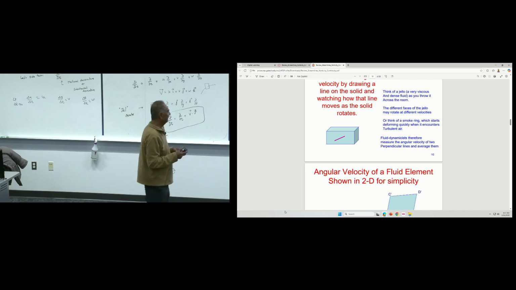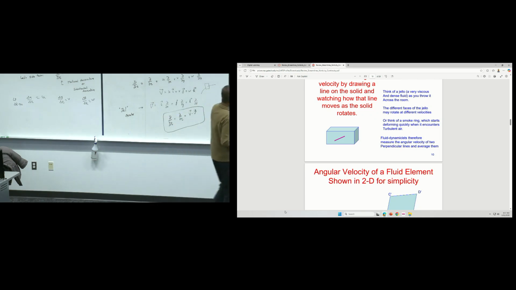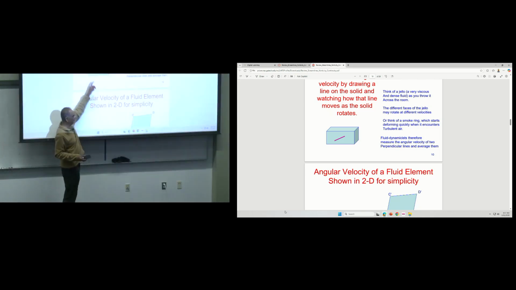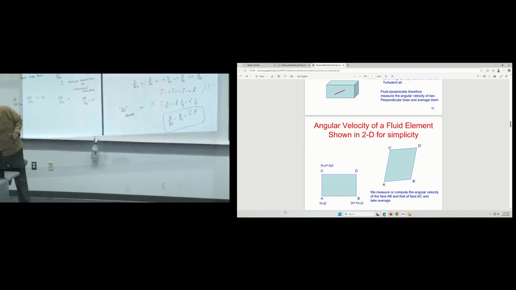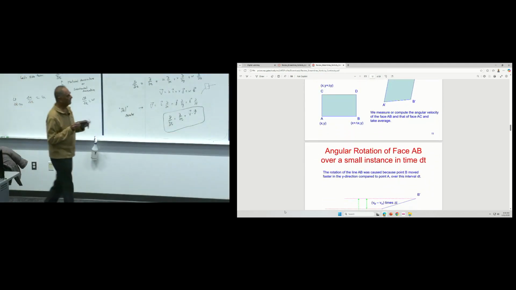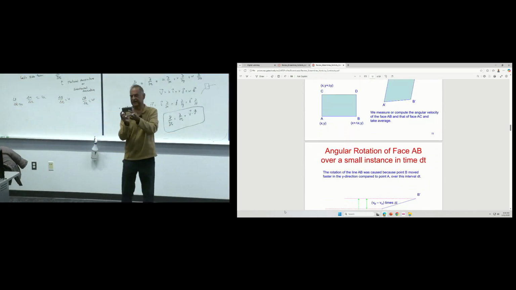Okay, all right. On the other hand, in fluid mechanics, we are not talking about solid-like material. We are talking about material that can deform. Think of it like jello. It can change. So they had to do something a little bit different for a fluid element. So what they said was, okay, let me at least take 2 sides, this side and this side.